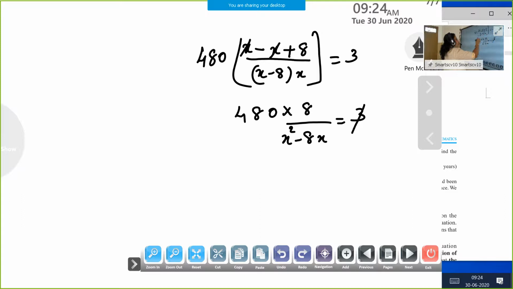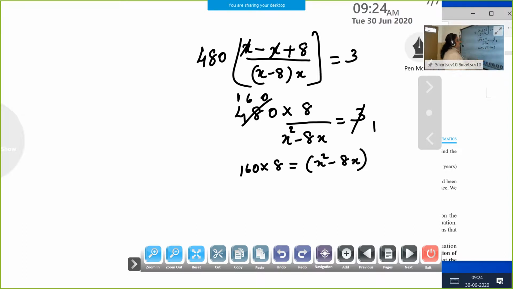Then 3 and 480 cancel, leaving 160. That is 160 into 8 divided by x square minus 8x.